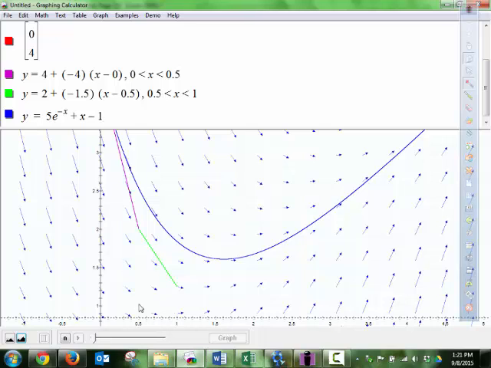So look how far we are. We're way off. By the time you get to x is equal to 1, we're over here. And we wanted x is equal to 2. Maybe we should do this a couple more times just to see how off we are. But that's too much work. So do you see what's happening?